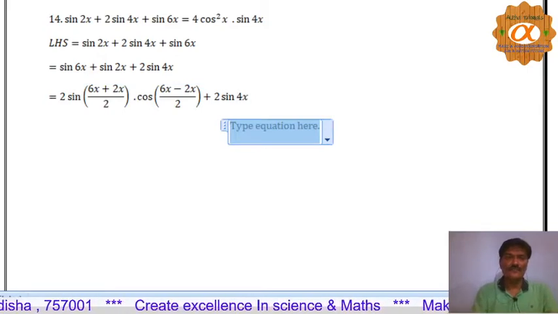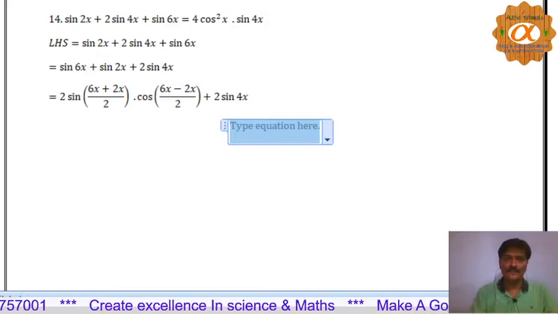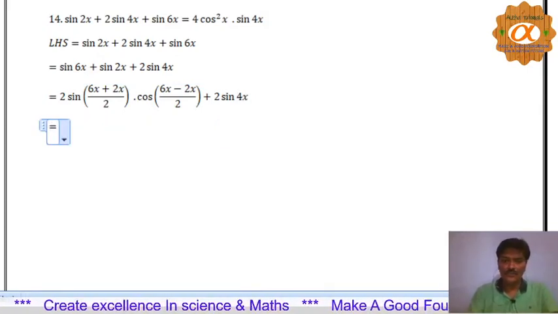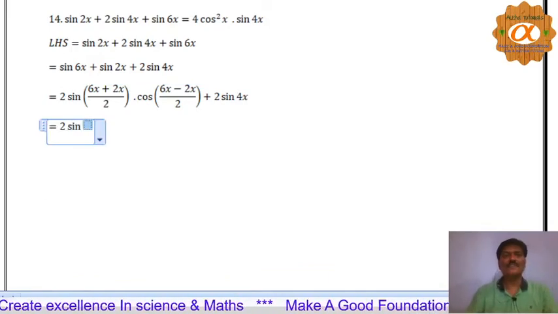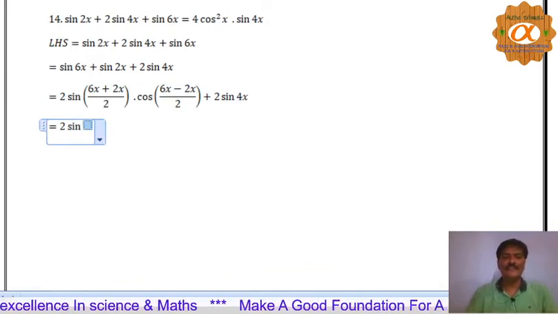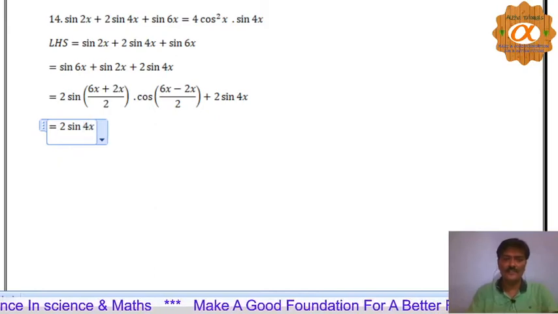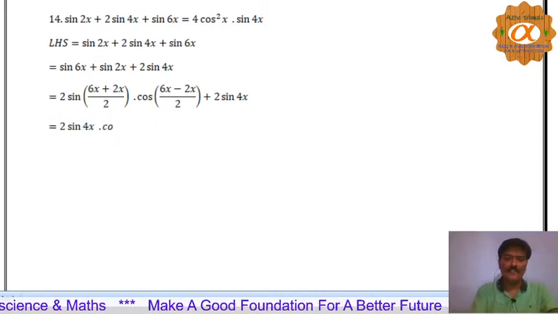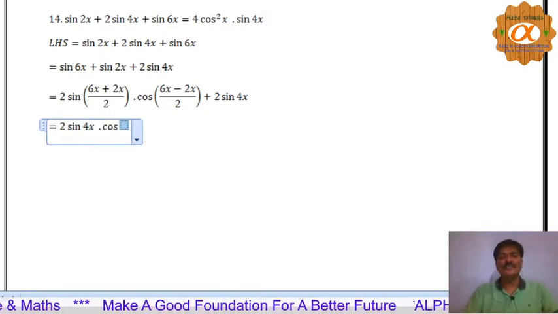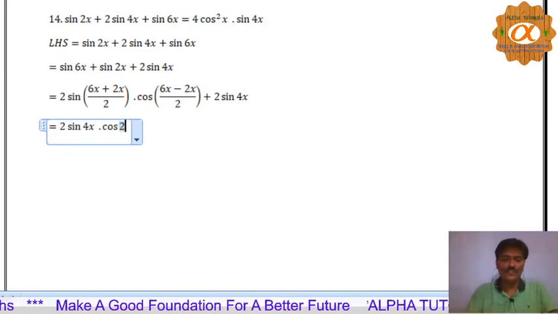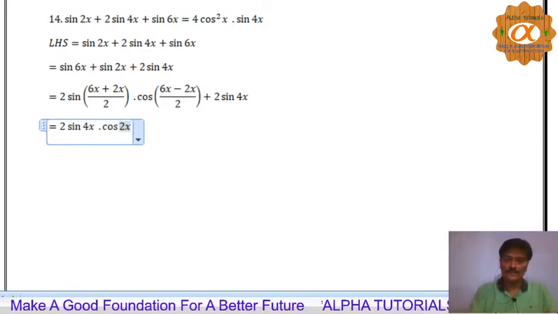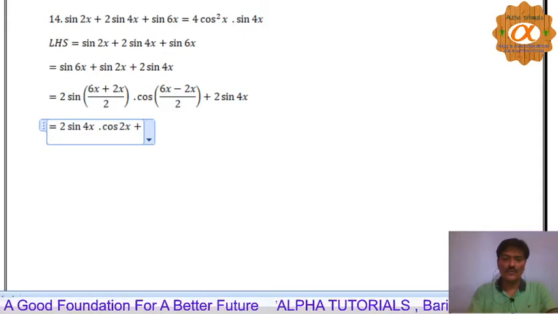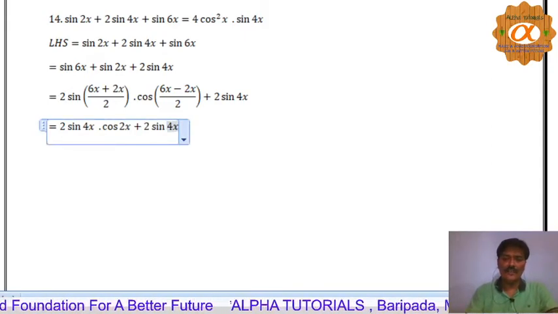Solving this, we get 2 sin, and 6x plus 2x is equal to 8x. 8x by 2 becomes 4x, multiplied by cos, and similarly 6x minus 2x is 4x, 4x by 2 is 2x, plus 2 sin 4x.